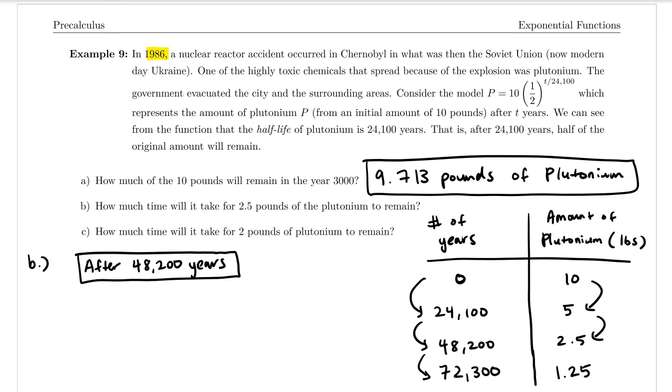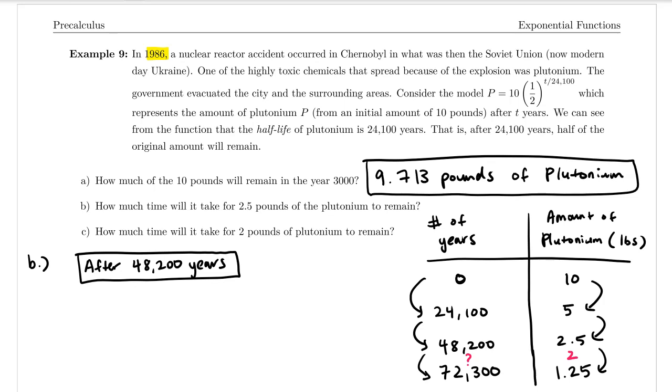So 2 pounds falls somewhere in here, and that means that the number of years it would take would be somewhere between 48,200 years and 72,300 years. And guessing would probably not be the best way of going about that, since they have a difference of about 24,000 years, and that would not be the most accurate way of going about doing this.